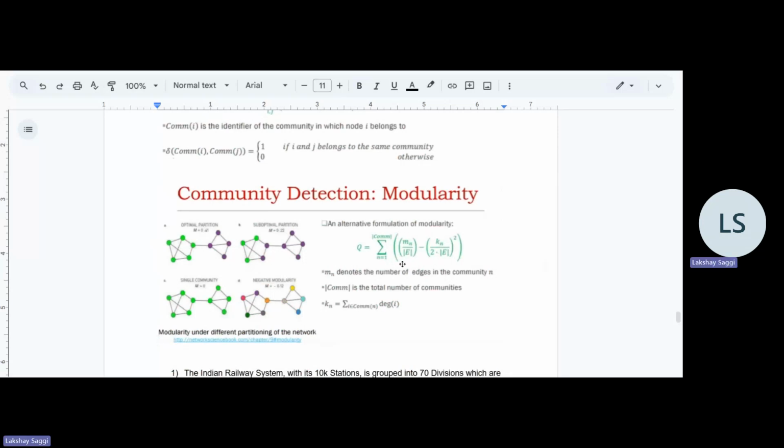In every term, you just have to look at degrees of vertices. That's why modularity is used a lot in real world applications.